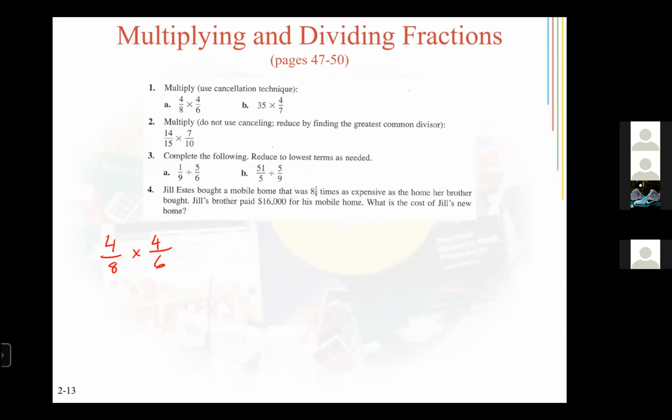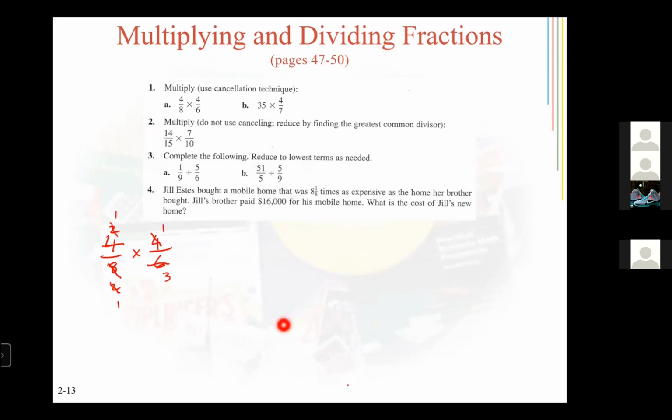Okay, so for example, you could say 2 into that is 2 and 2 into this is 3. So you have done some canceling there. Then you could go again and say 4 into this is 1 and 4 into that is 2. Then you could say 2 into 2, 1 and 2 into 2, 1.